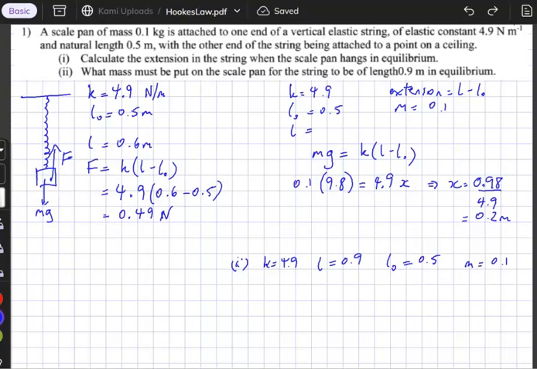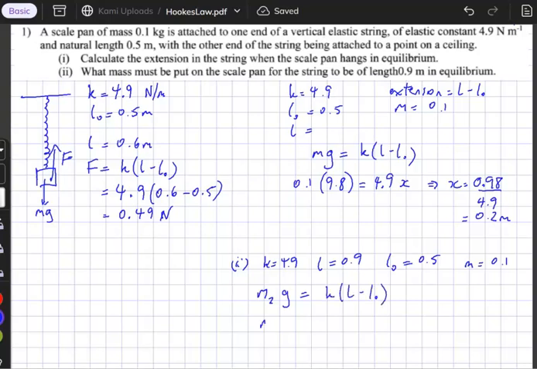Okay, so if we have our new mass, let's call it M2, multiplied by G, it's going to equal K. Actually, I'll tell you what we'll do. We'll just write out the formula first. K multiplied by L minus L naught.